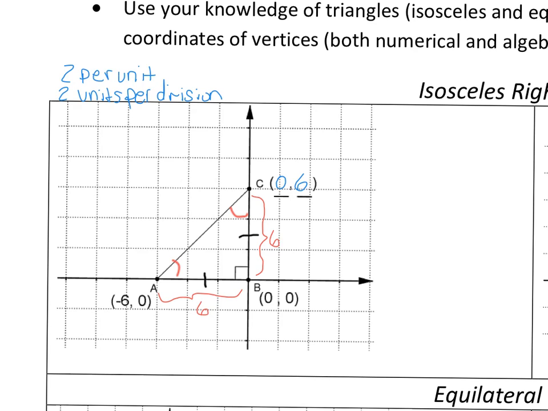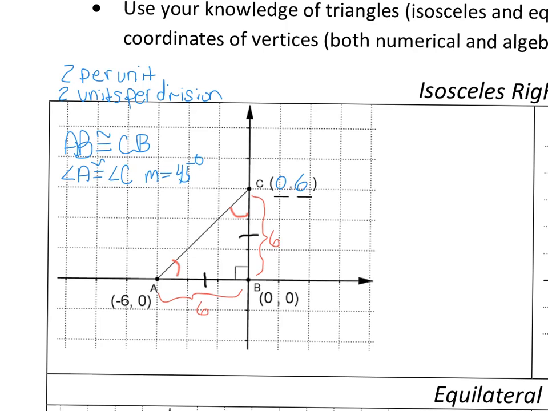One thing I would ask you to do is write down any congruency, so we can say AB is congruent to CB. And I do think it's good to say that angle A is congruent to angle C, and the measure of those equals 45 degrees.